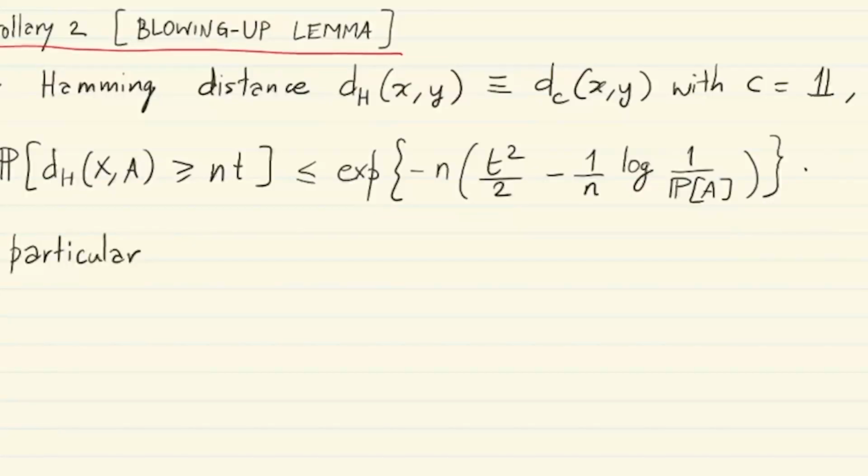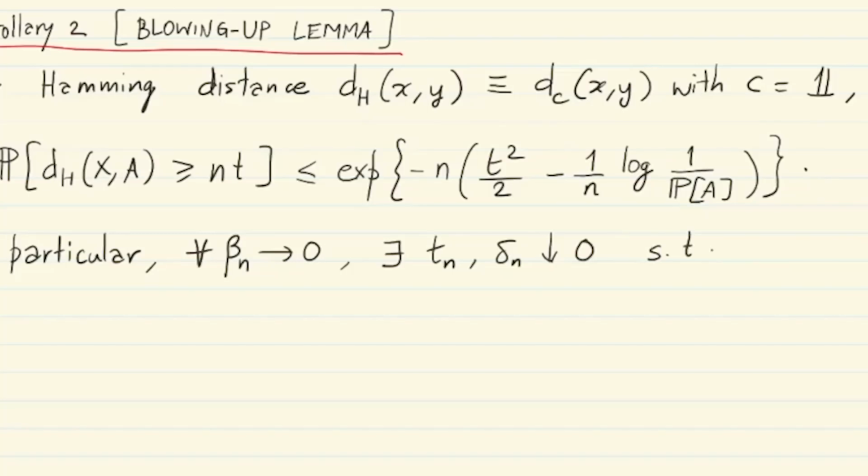In fact, it says that given a sequence of numbers beta n that decay to 0, one can construct sequences Tn and delta n that go to 0 as well, such that the following holds.